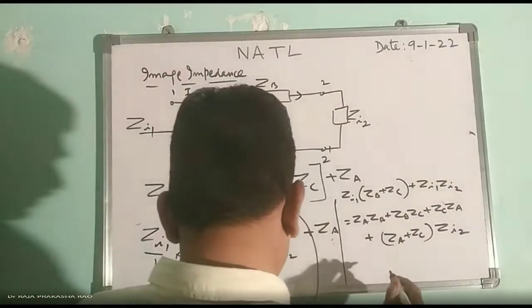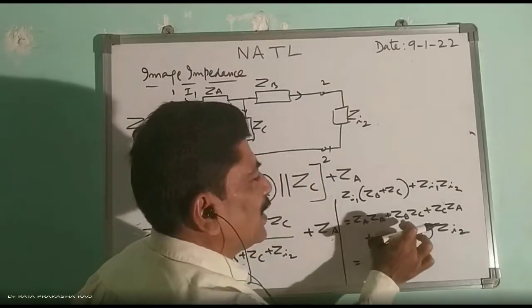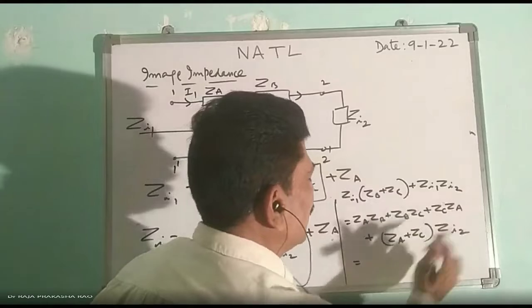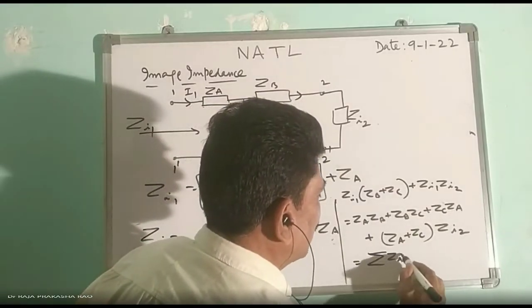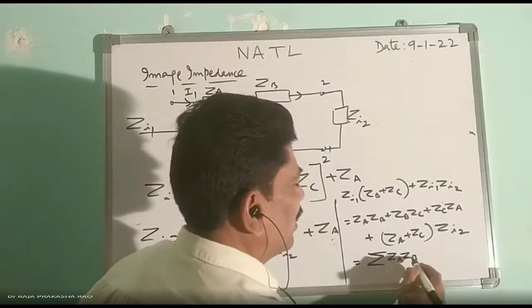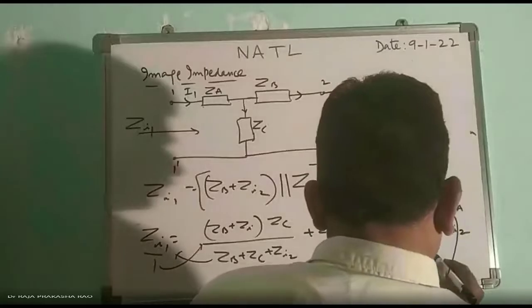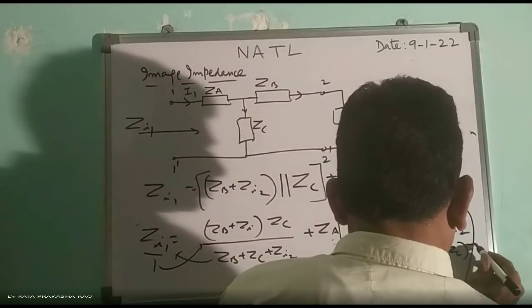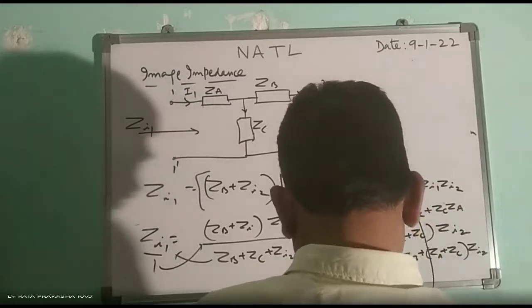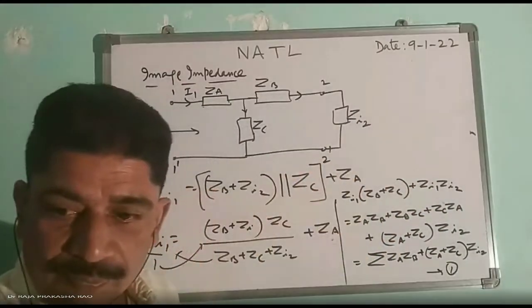But after simplification, ZA ZB plus ZB ZC plus ZC ZA can be written as sigma ZA ZB in the compact form, plus ZA plus ZC into ZI2. Okay, let this be equation number 1.